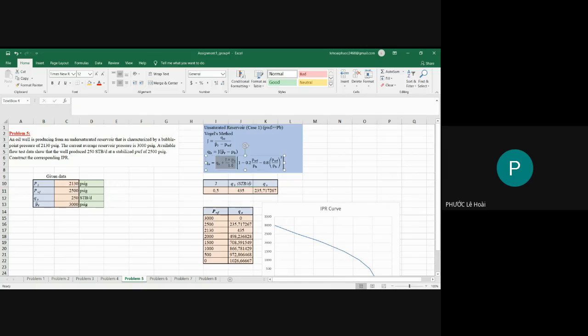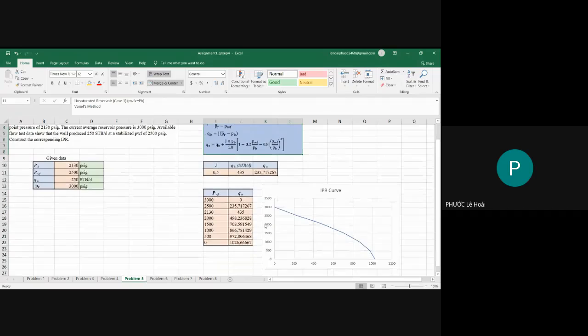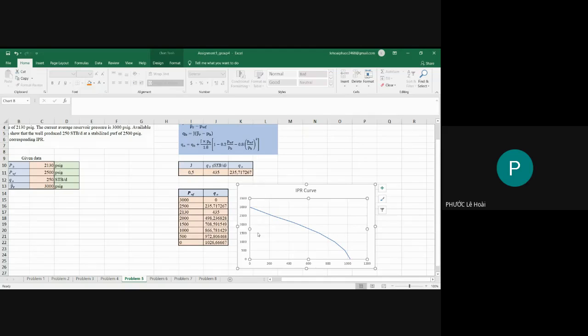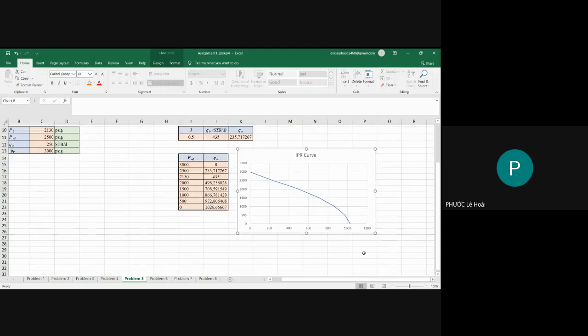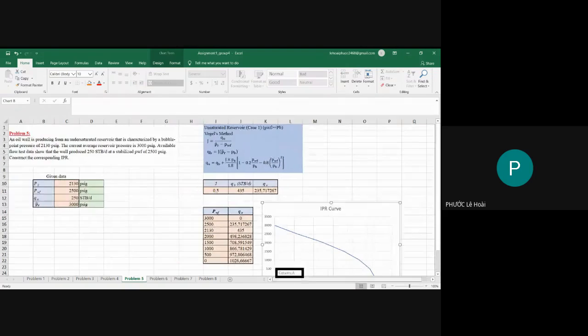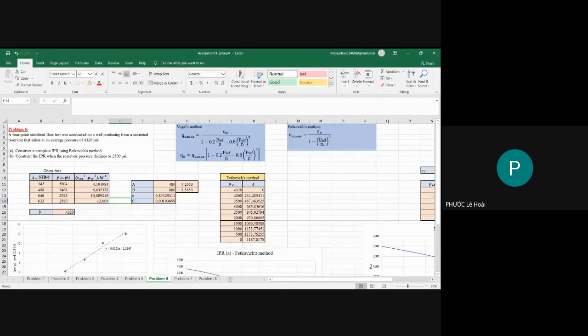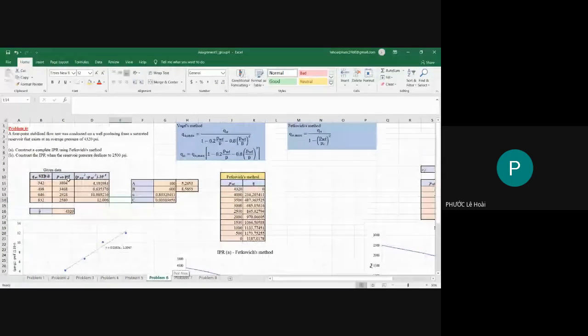Then we use these two numbers to calculate the flow rate, and for different pressures we will have different flow rates. Then we use these two parameters to plot the IPR curve. Here you can see the IPR curve for problem 5, and let's move to problem 6.